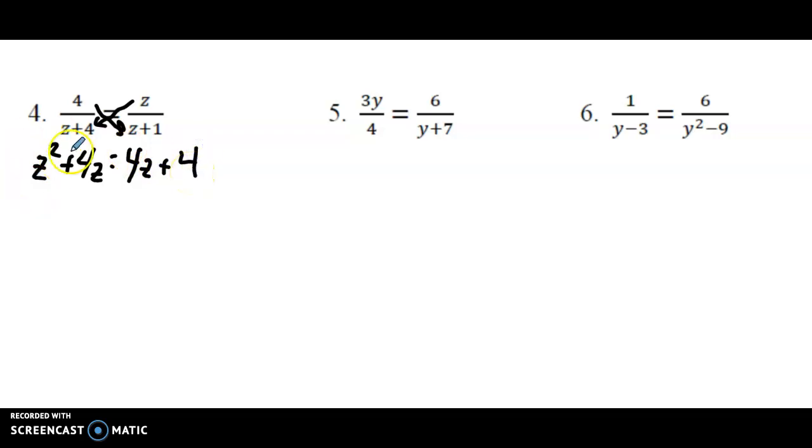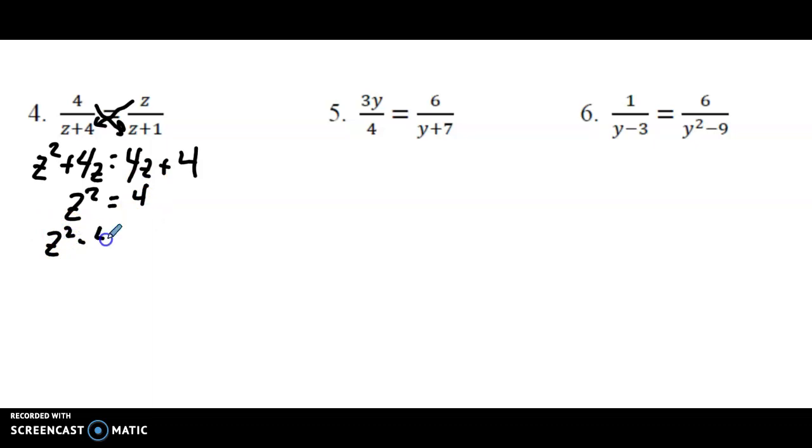And again, I see a squared variable, which means I need to move everything so that the expression will equal 0. So I'll take away 4z from both sides. And that gives me z squared equals 4. Subtract 4.